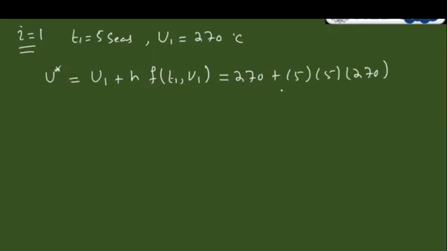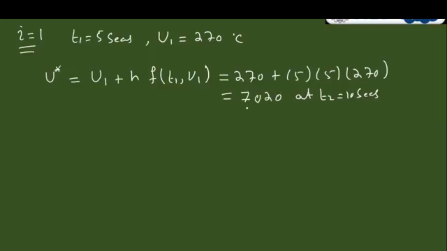So you have to compute this predicted value, and that predicted value belongs to t2 equal to 10 seconds. It is not the final answer, it is just a prediction. That's why it is u star. So let me compute this quantity for you. That is equal to 5 into 5 into 270, plus 270. A simple calculator, although it is not showing any realistic results, the reading that I am getting here is 7020.